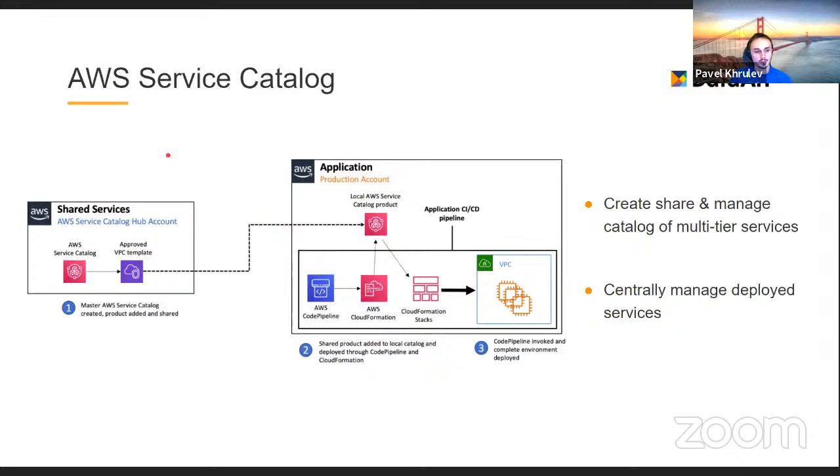So, for example, your admin defines a VPC design that is standard in your organization. You can create a template, upload it to Service Catalog, and share it with other accounts. And users in these accounts can simply click deploy, and this template will be deployed using AWS CodePipeline and CloudFormation stacks.